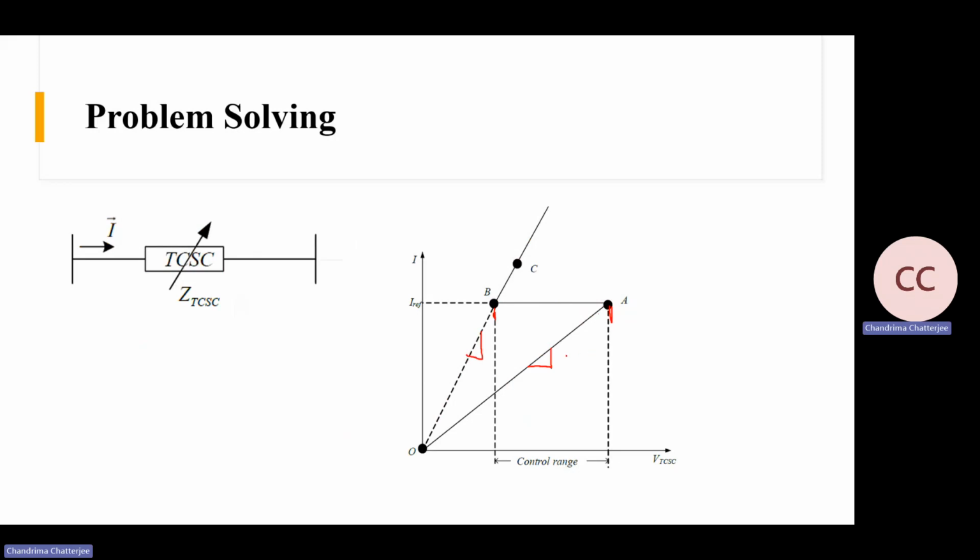Because the slope represents del I by del V, in this case ZTCSC is maximum because here the slope is the lowest.